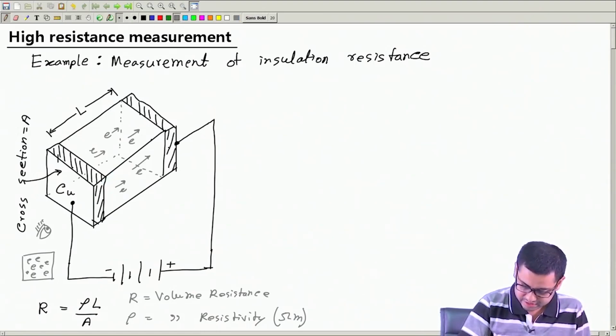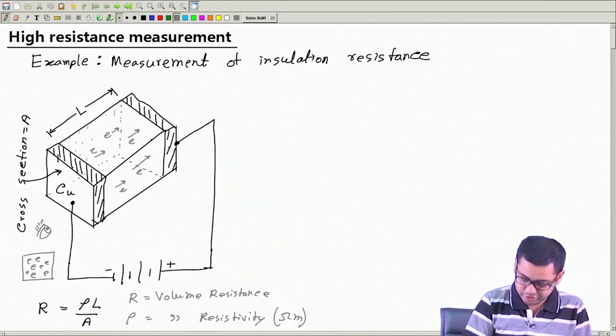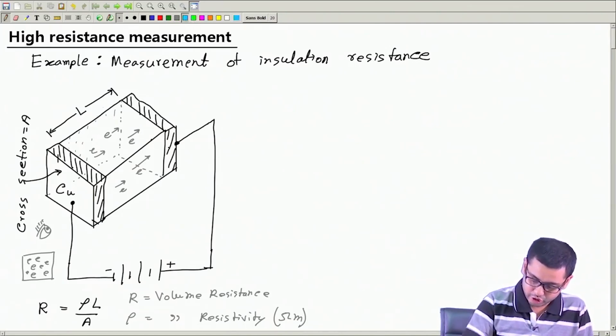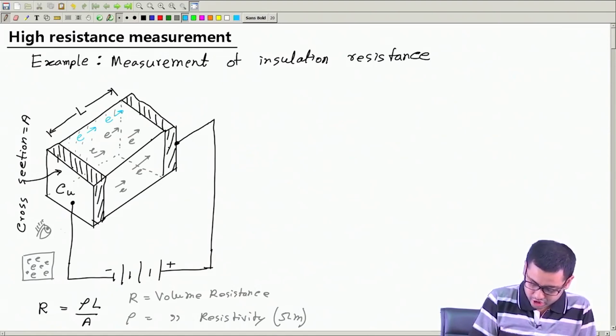Just consider this surface, which is the periphery of this block. So, from there we will also have some electrons flowing only through the surface. Okay. So, if you look from here, you will see these electrons only at this surface, only on this line.